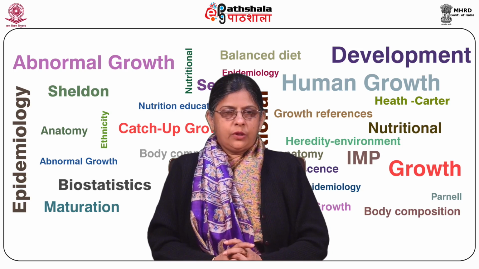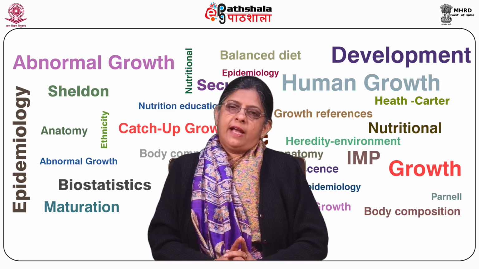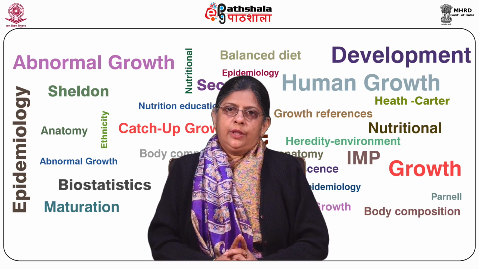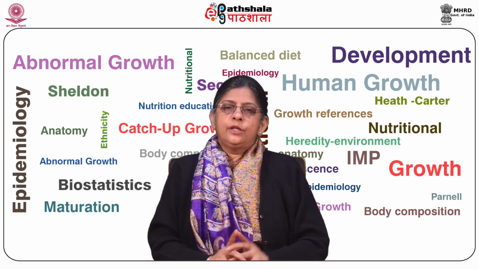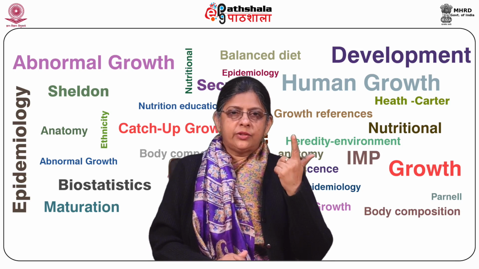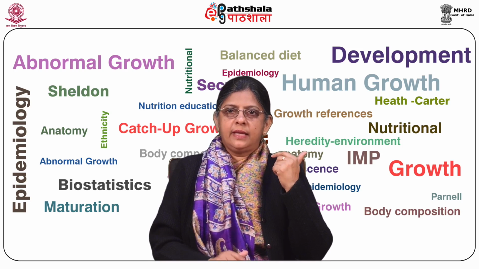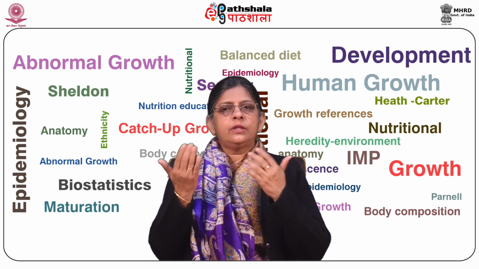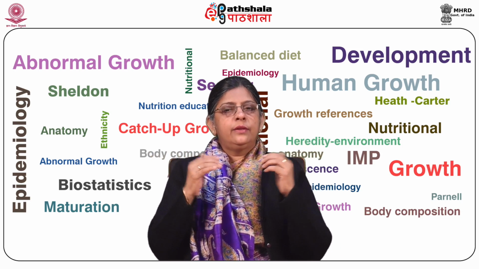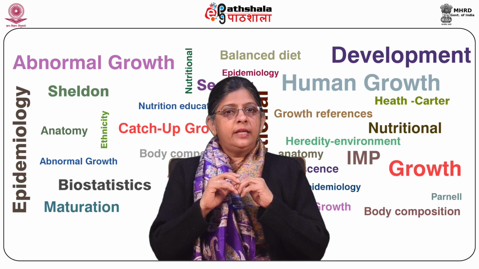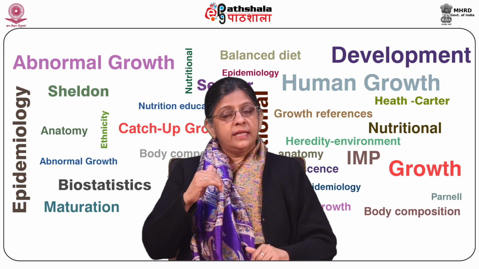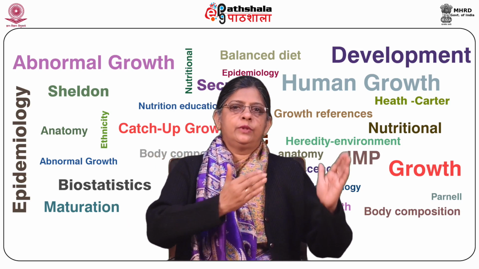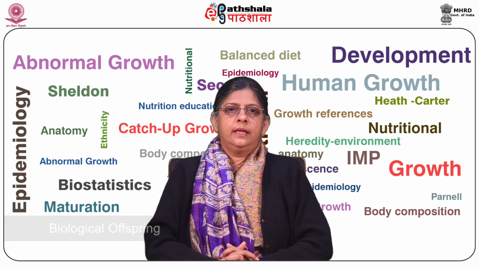Let us summarize what we have learned in the module, Factors Affecting Growth. Humans are characterized by heightened sensitivity to biological, cultural, and environmental factors. In the same way, growth is affected by them all. The resemblance in humans reflects the influence of genes that parents contribute to their biological offspring.